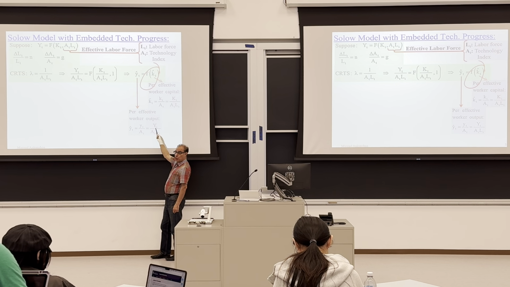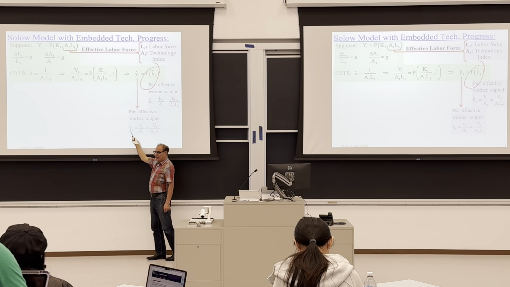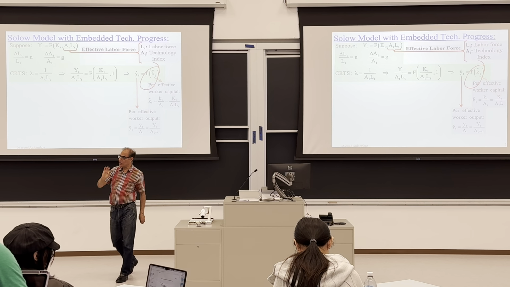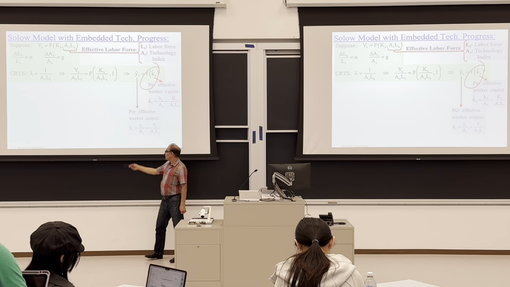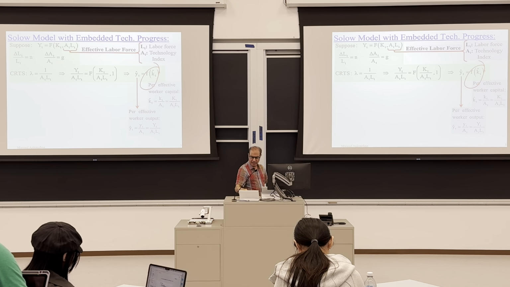Big Y, total GDP. Little y, GDP per capita. Y hat, GDP per effective labor.